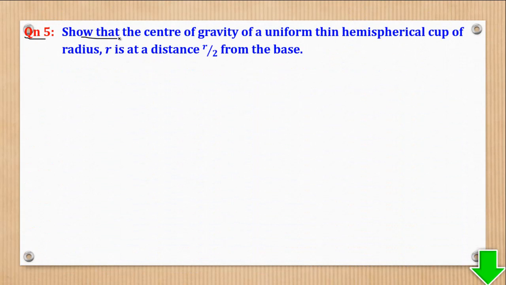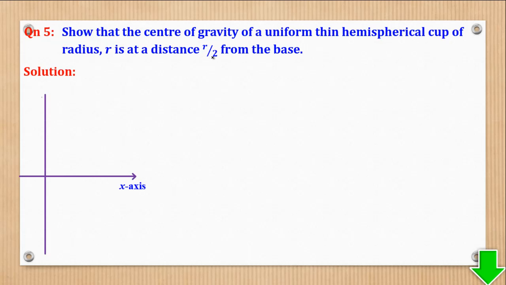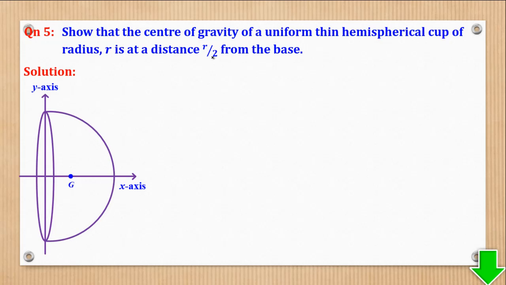Then question 5, show that the center of gravity of a uniform thin hemispherical cup of radius r is at a distance r over 2 from the base. They said uniform thin hemispherical cup, meaning it is hollow. So we shall first make a sketch. Hemispherical cup, center of gravity will be at that point, and then that will be the element.